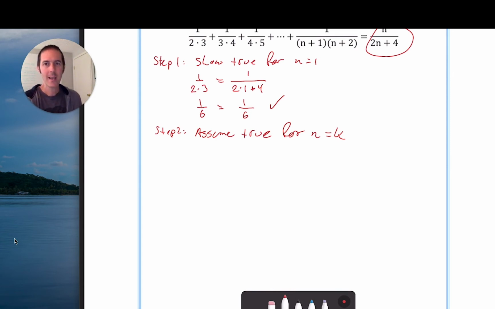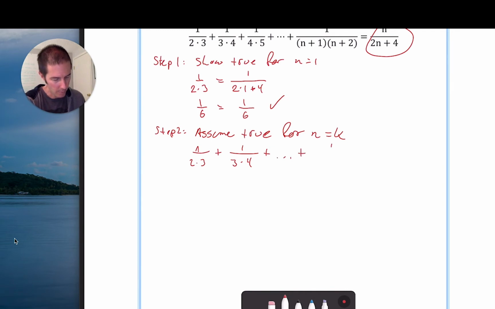What does the kth version of this statement look like? It looks just like that statement, except the n's are replaced with k's. 1 over 2 times 3 plus 1 over 3 times 4. I'm not going to skip that next term, I'm just going to include it in my dot, dot, dot.